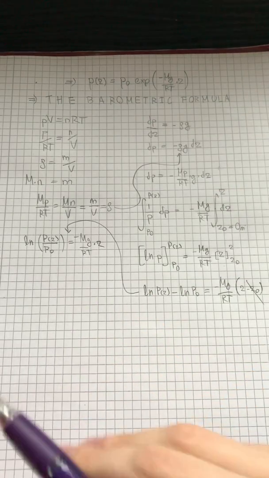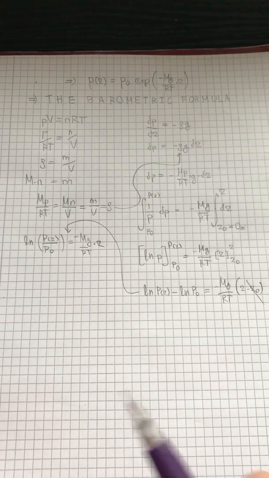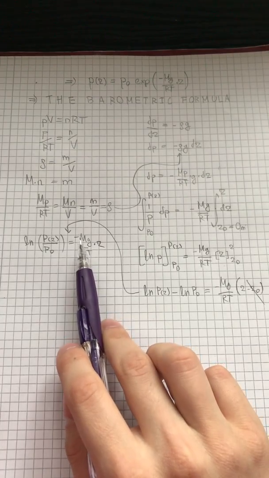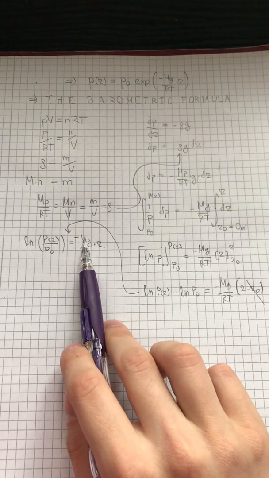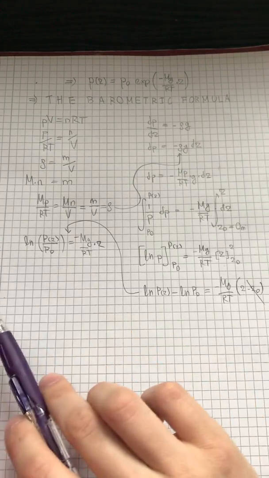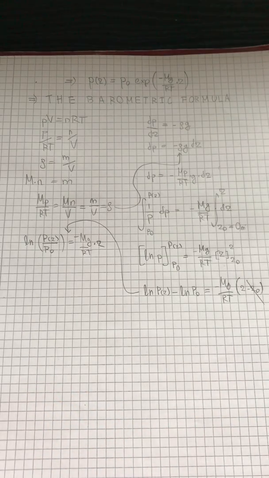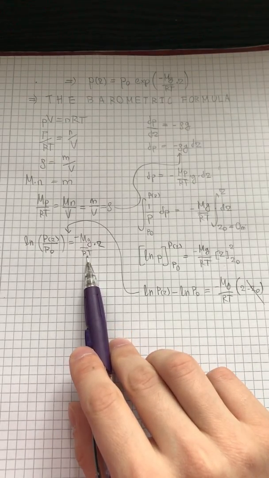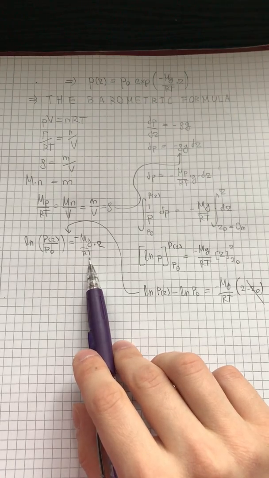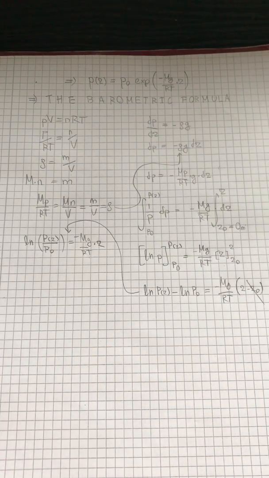This constant we're going to keep throughout the entire derivation. Just be reminded that it's equivalent to minus molar mass multiplied by gravity, 9.81 meters per second squared, over the universal gas constant multiplied by temperature. But that's all you need to know for now.